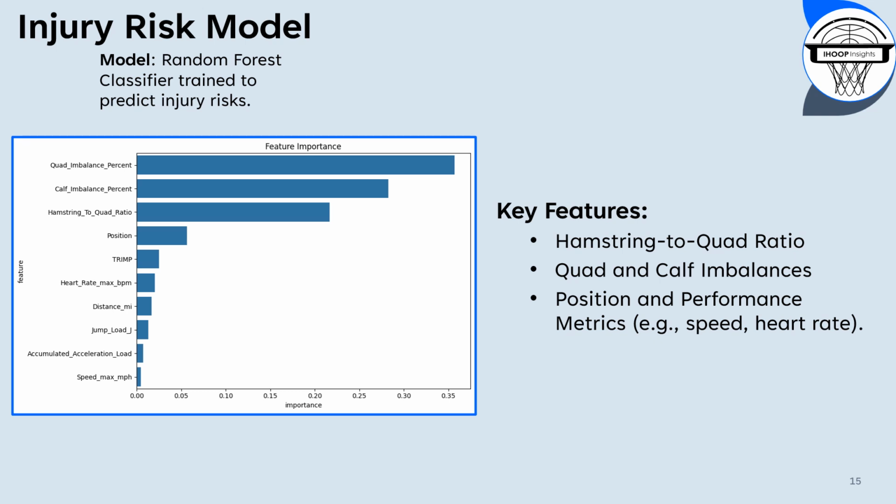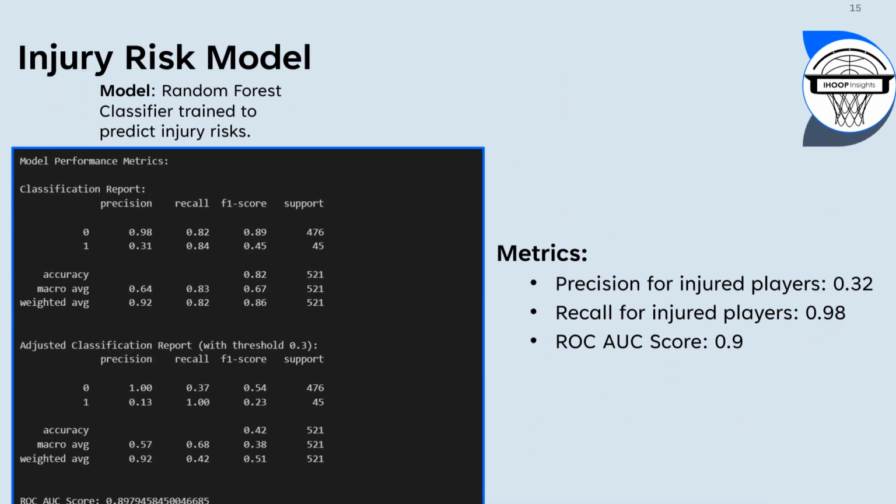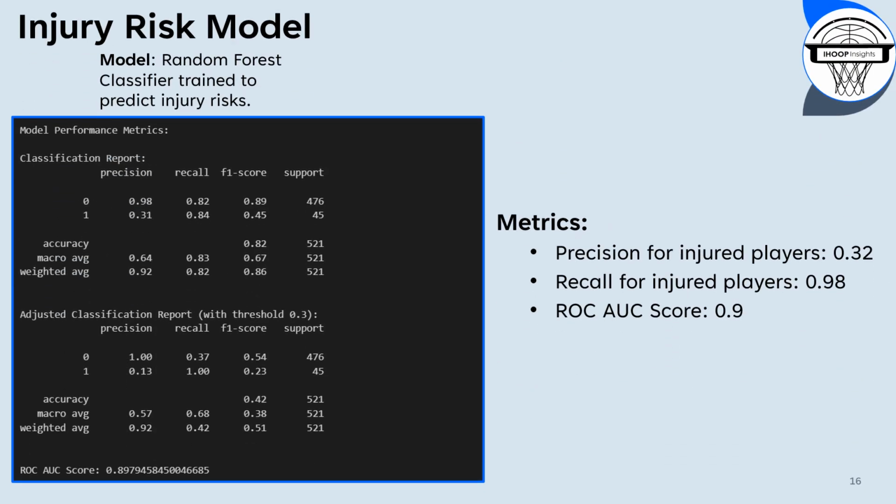We can see that the quad imbalance percent, calf imbalance percent, and hamstring to quad ratio are the key factors, and these features are very important to predict whether an athlete has an injury or is more prone to injury. Okay, let's quickly talk about the insights. This classification report, we can see here, shows a higher recall.